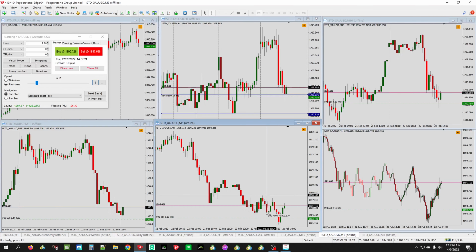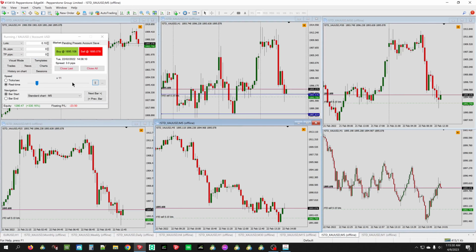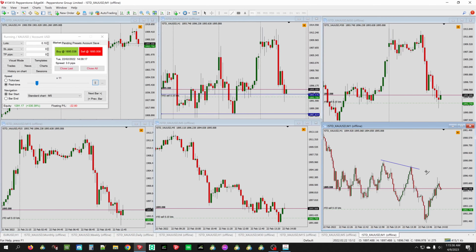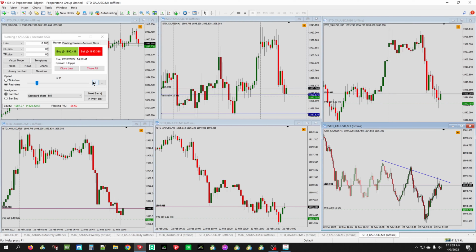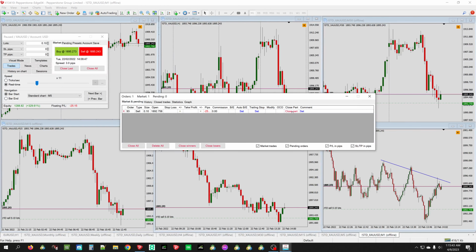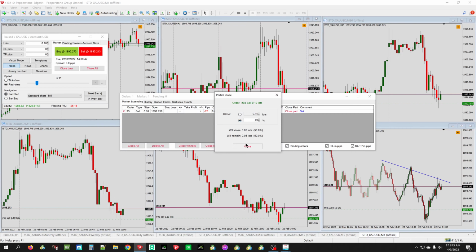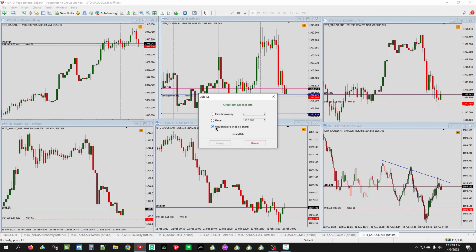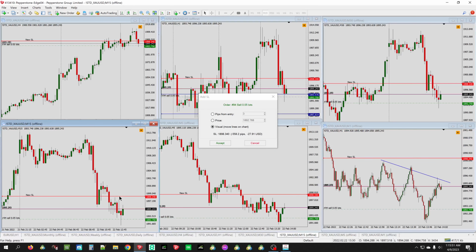I want to place my stop loss right in here, which is around 50 pips away. I don't like that huge stop loss, so I will be closing 50% of my position right now, and I will set up my stop loss above this area.